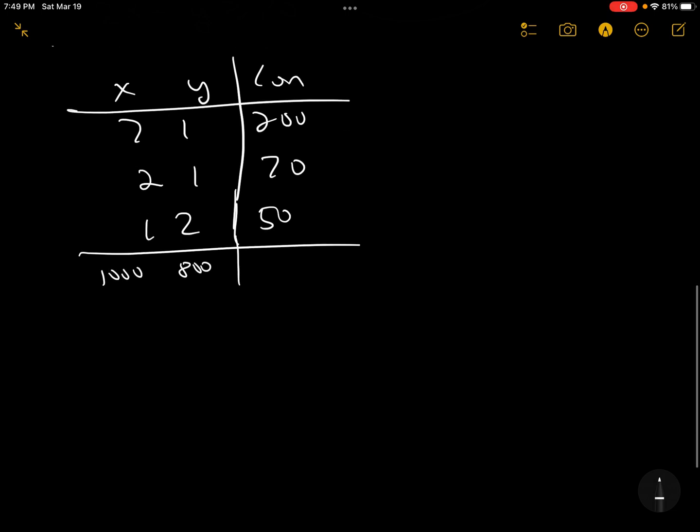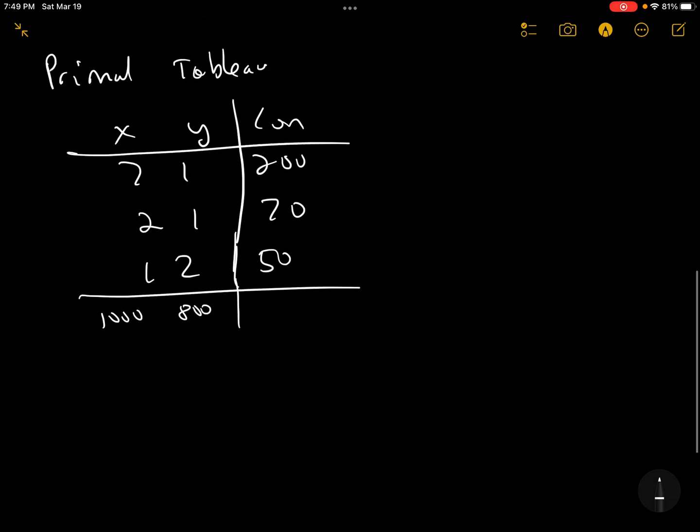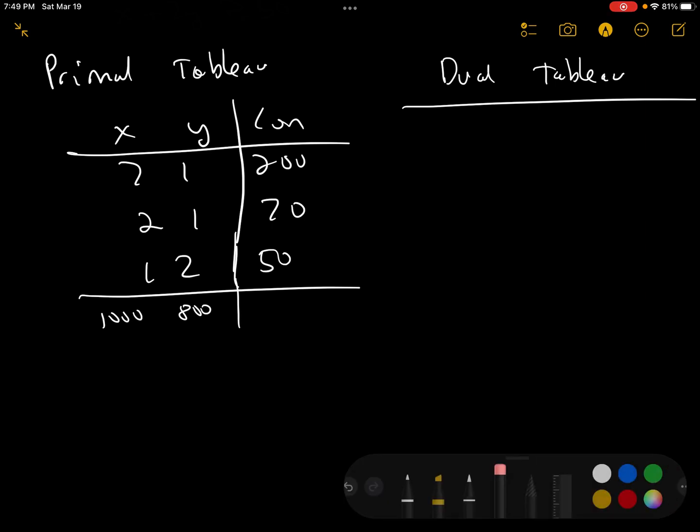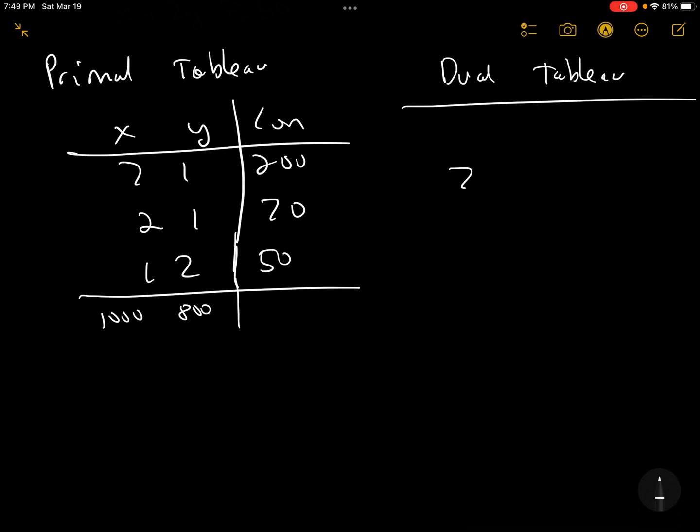And now we're going to turn it into the dual tableau. I'll put it over here. So it goes 7, 1, 200, which is row 1 here. 2, 1, 70, which is row 2. 1, 2, 50, which is row 3.